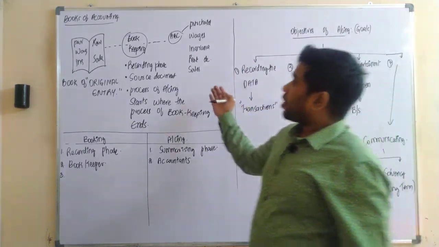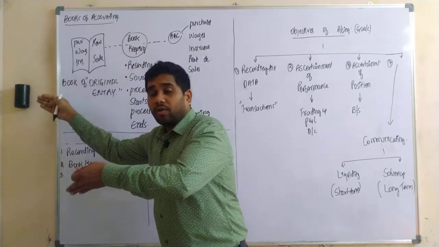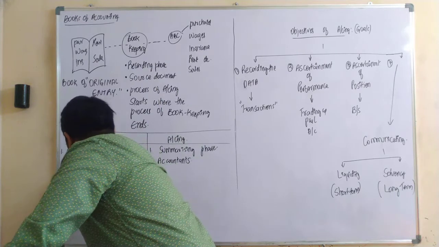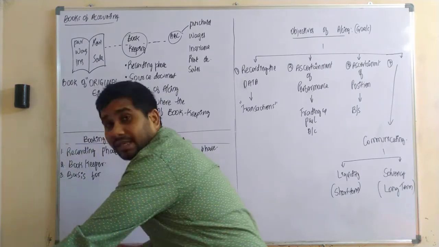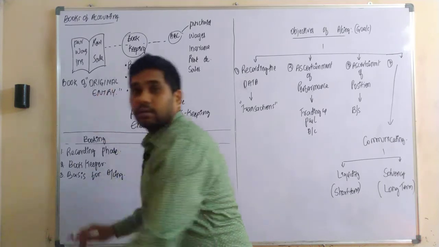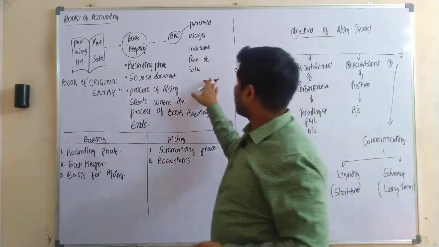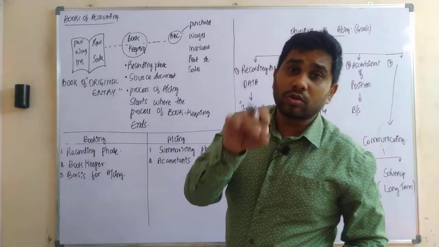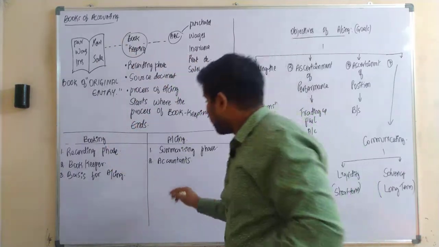So as you're recording the data from the bookkeeping into your accounting, can I say this bookkeeping is nothing but the basis for accounting? Your bookkeeping is nothing but a basis for accounting. Yes or no? So you're recording the data in the bookkeeping first, and after checking their source document, you're recording in your books of accounts.